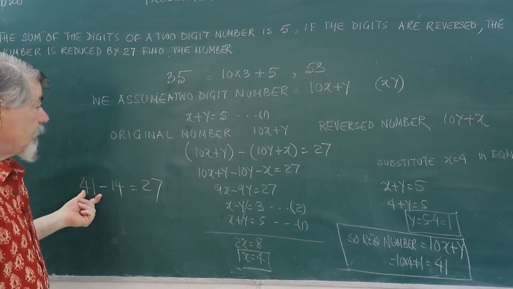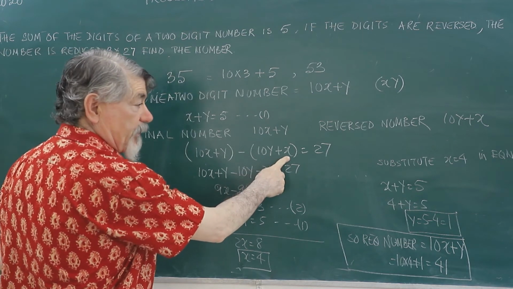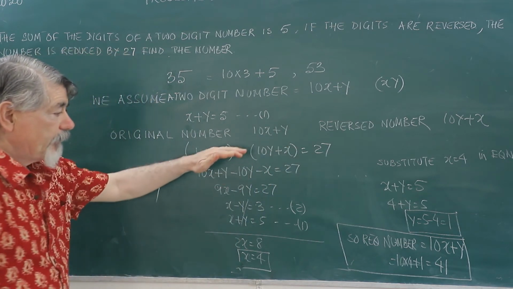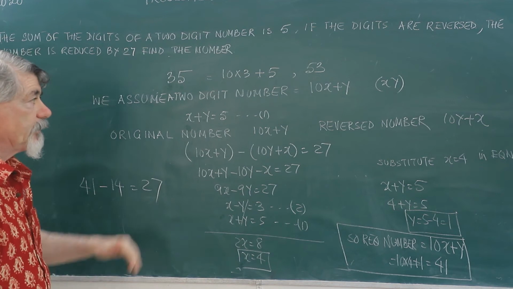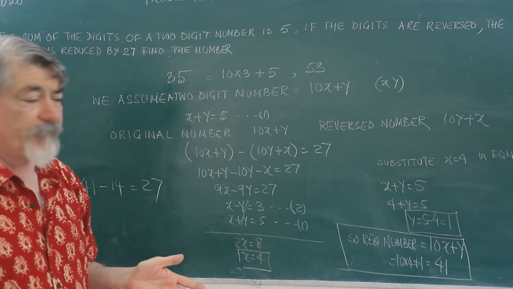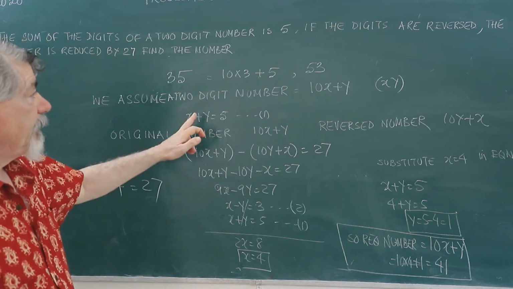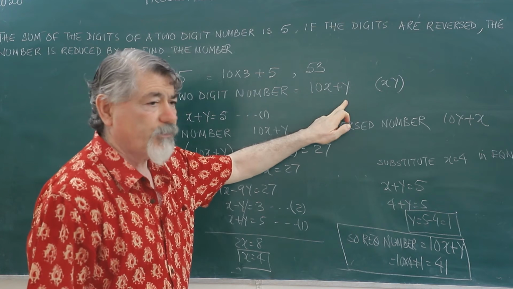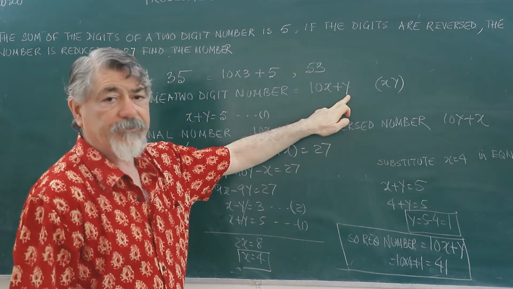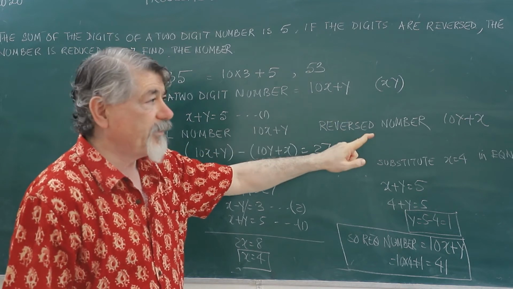So this is the original number 10x plus y. We reversed the digits, it became 10y plus x, and the difference is 27. From that we got the second equation. We solved equations 1 and 2 and got the values of x and y. We substituted them in 10x plus y. x was 4, y was 1, so 10 into 4 plus 1, 41.